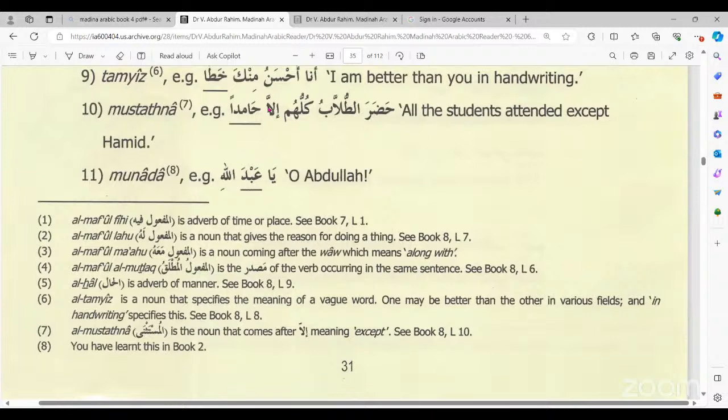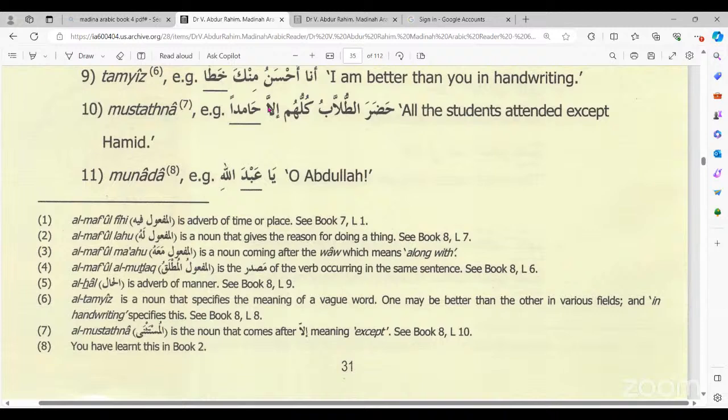That's right. So whenever Munada is calling and whenever a Munada is mudaf ilayh, Abdullah is two words. It's called an exclamation, because it's a particle of exclamation. That's the word which is used in English.